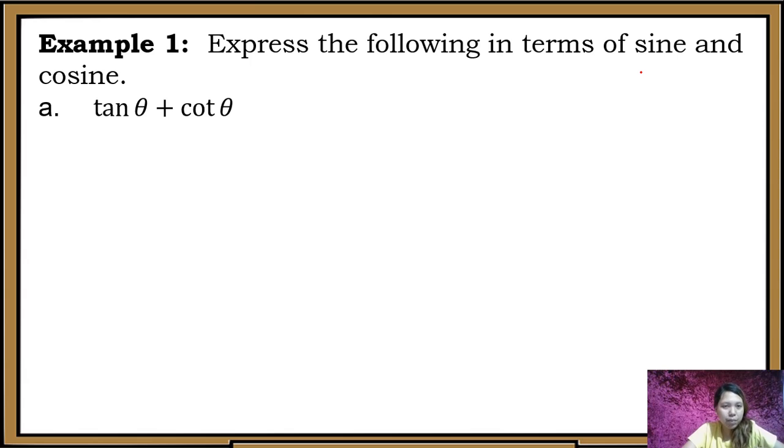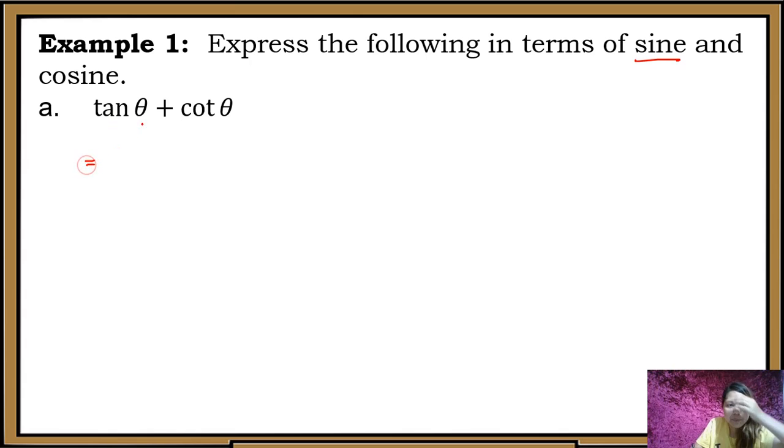Okay. So, example number 1, express the following in terms of sine and cosine. Sine and cosine are the most common trigonometric functions. So, that's why most of the time, we express the trigonometric functions in terms of sine and cosine. So, let's have here tan theta plus cot theta.